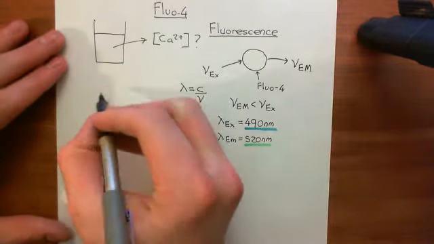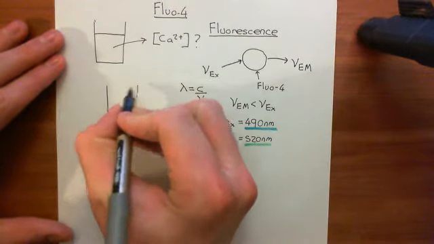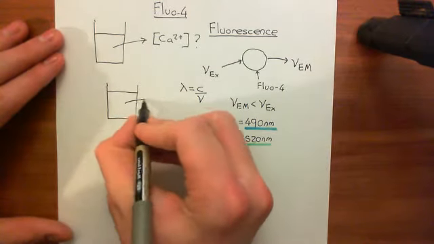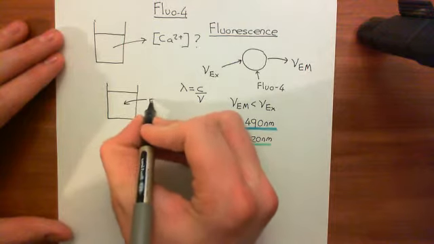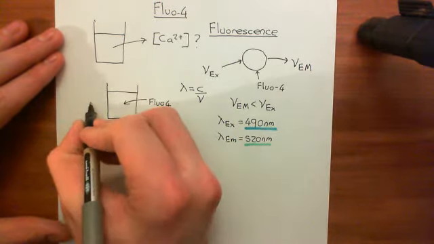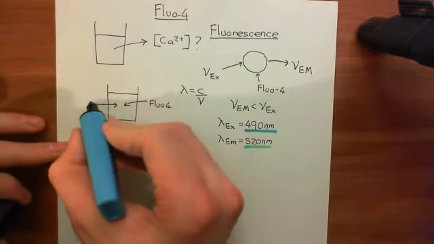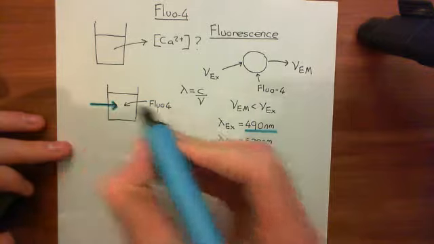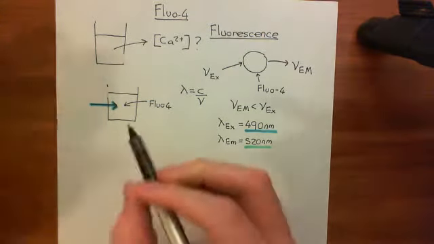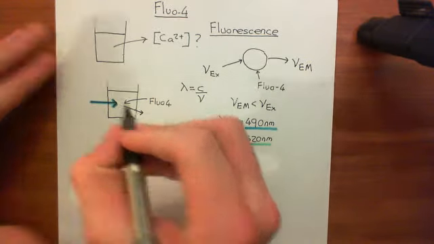Okay, so if I just produce a solution that contains absolutely no calcium, so imagine this is a solution which contains no calcium, and I put in loads of Fluo-4 into this solution, then basically if I shine blue light on, okay, let's say I shine light of wavelength 490 nanometers onto this Fluo-4 containing solution, then what I will get coming off is some green light.